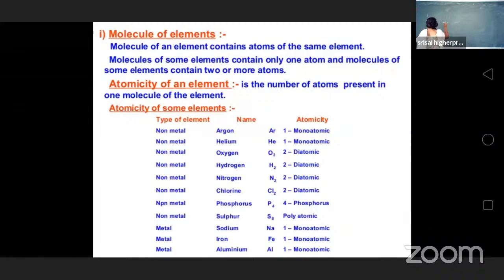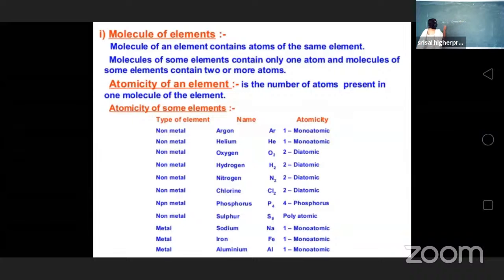Only one atom is present here. Argon, only one present. Ar is one, so we say monoatomic. Mono means single.